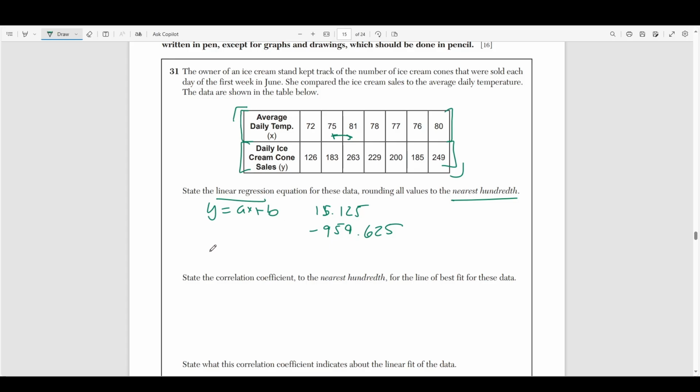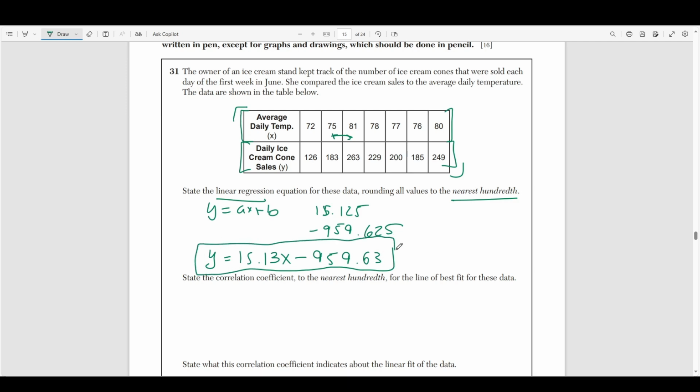So your linear regression equation is going to be y equals a, which is 15.13. Remember, you round to the nearest hundredth, times x, plus b, which is actually just going to be minus 959.63. That is your linear regression.